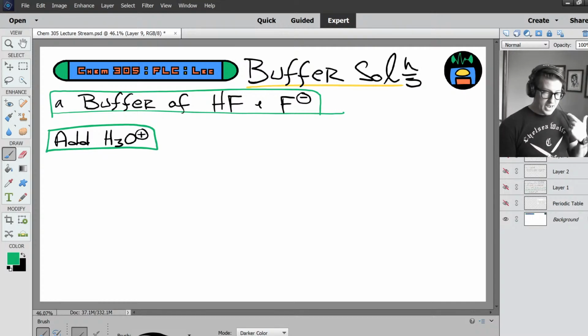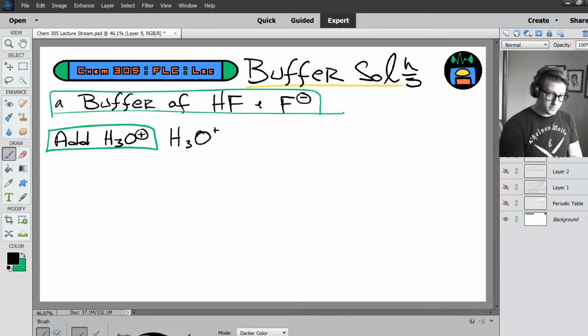However, when you add it to this buffer, the hydronium does not directly affect the pH because when you drop it into the solution, it reacts with the conjugate base. The acid donates a proton, so F minus becomes HF, and the hydronium just becomes water.